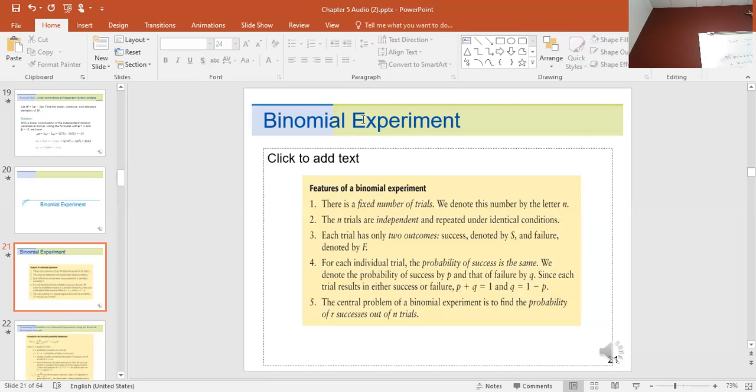Having understood this, we are not going to be using this formula because I don't have the time to be doing all this computation. We will be using the calculator. So let's use the calculator to compute this.